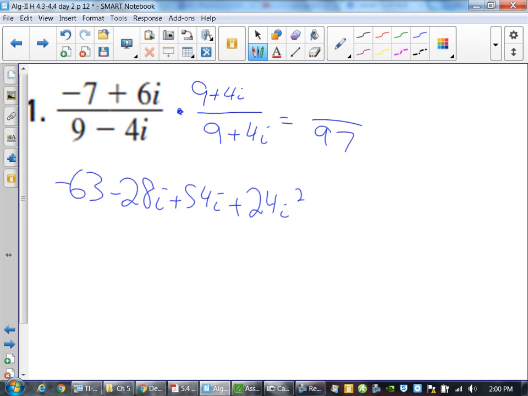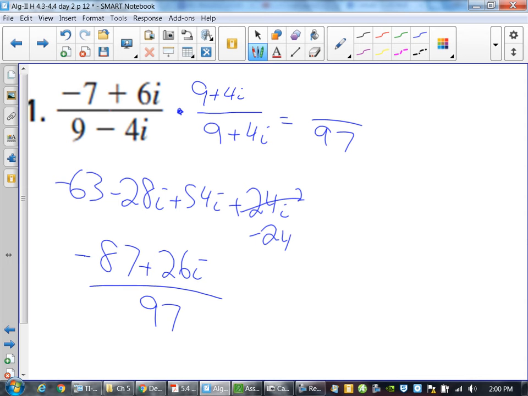Now I know that 24i squared becomes negative 24. So I have negative 24, negative 63, which gives me negative 87, plus 26, all over 97. I turned the 24i squared into a minus 24.